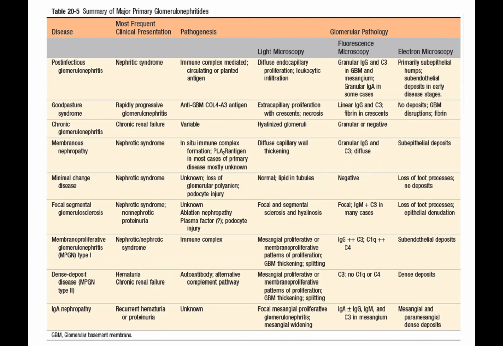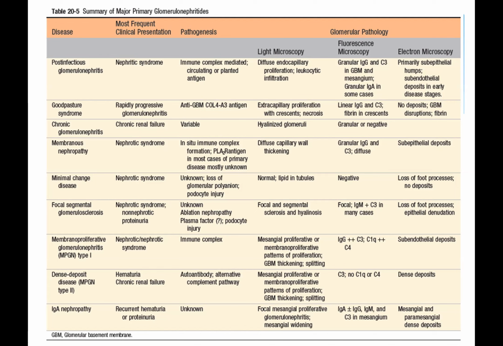From the term itself, it employs dye, which emits colors, for example, green. It also gives you two patterns. As you can see here, it's either granular or linear. The take-up of the dye is dependent on what is the antibody that you are trying to demonstrate.